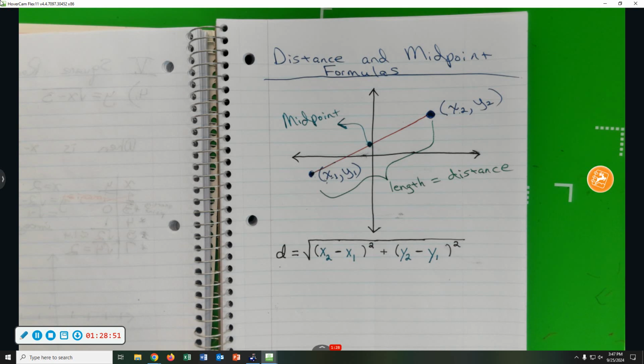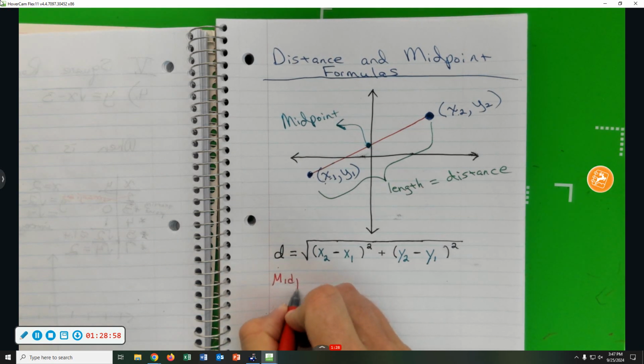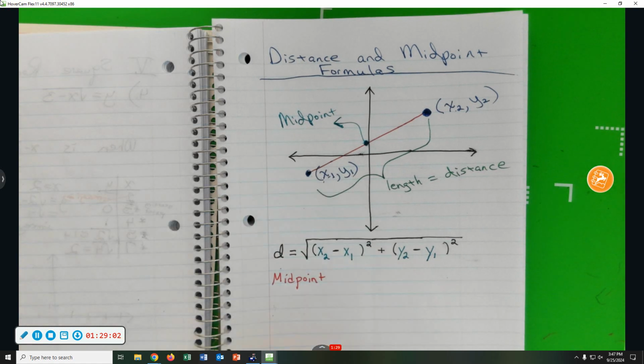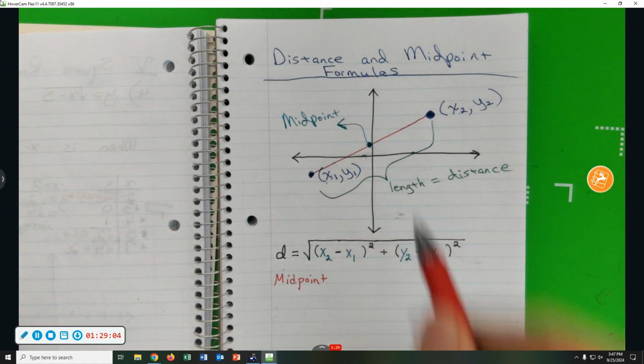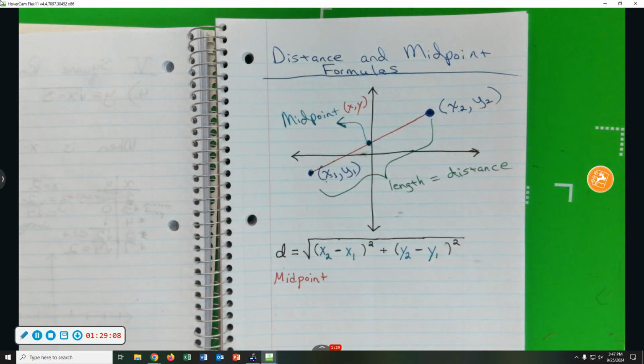Now I'm going to go ahead and state the midpoint formula. When we talk about a midpoint, it's an ordered pair. The midpoint is an ordered pair. That means you have an x value and a y value. If you had two numbers and you had to average them, how would you average two numbers?